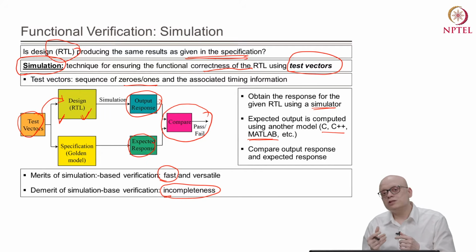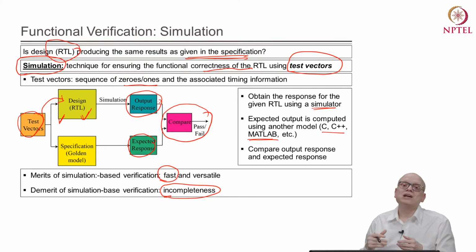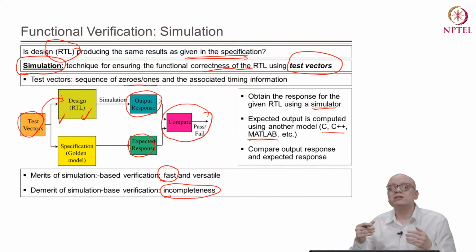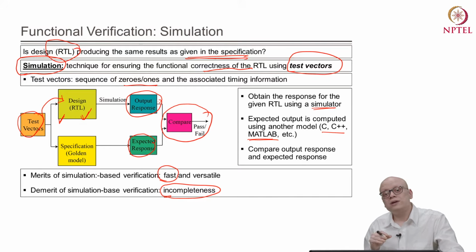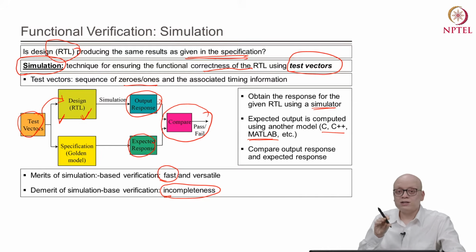Why is it impossible? Because the number of test vectors will be exponential in the number of inputs. And then there are many other possibilities which come from the state elements or flip flops in our design, and therefore covering all possible scenarios is simply impossible. Therefore in simulation, the test vectors we give are typically in a region of operation of our model where we think there could be a bug.